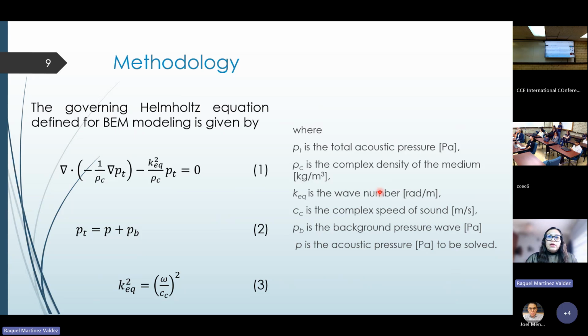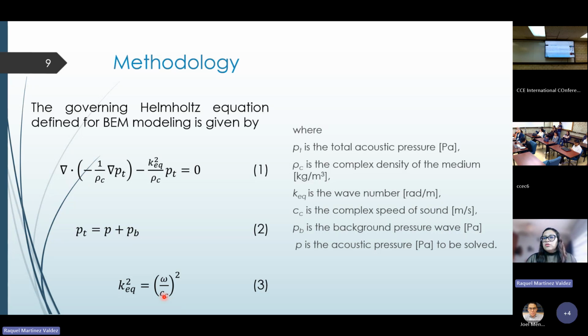The governing equation for BEM modeling is the Helmholtz equation in the frequency domain, shown here, 1, 2, and 3. It states that it requires, or could be added, a background pressure wave, complex behavior of density, and also a speed of sound.